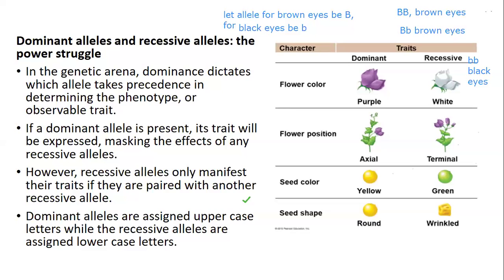In S5, S6, we'll study polygenic inheritance. But for our level, we are going to specifically look at dominant and recessive. For every character, we'll look at whether the allele is dominant or recessive. We shall not look at the other type of genetics at our level.